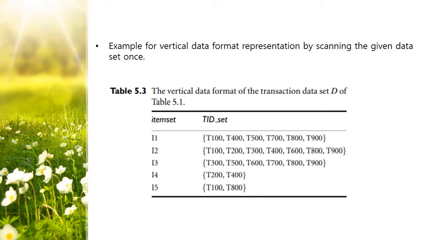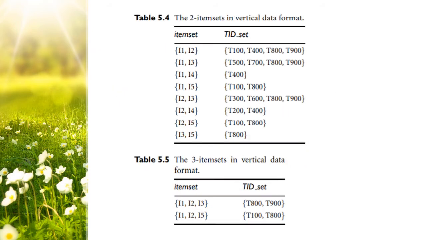So item 2, then item 3, these are the representations in this vertical data format. Now this is the frequent 1 item set. Then we can represent frequent 2 item sets in the vertical format, and the 3 item sets also can be represented in vertical data format. These are the vertical data format representations.